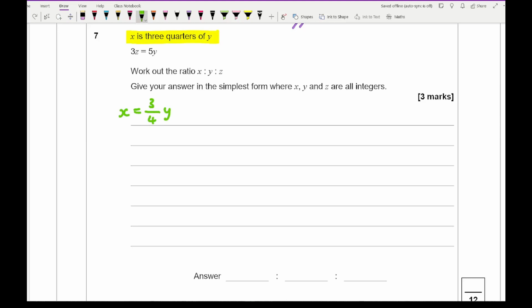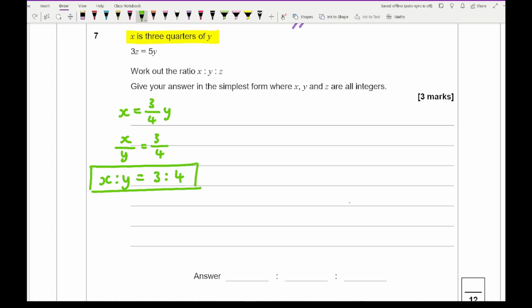Now what we want to do is get x over y. So if I take the y over to the other side, I end up with something that looks like this. And when I've got a fraction equals a fraction, I can then write this as a ratio. So x to y is going to equal 3 to 4.